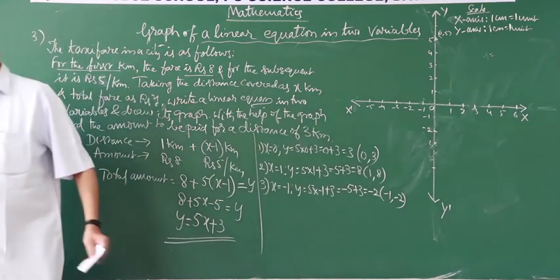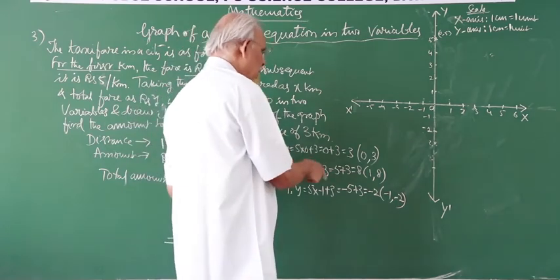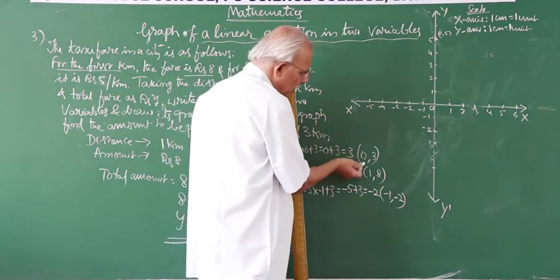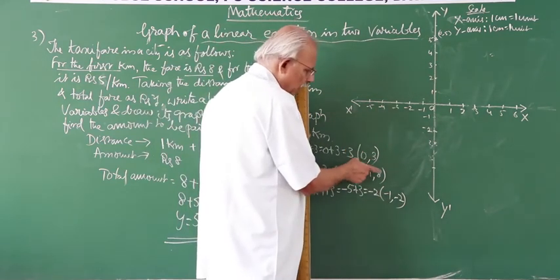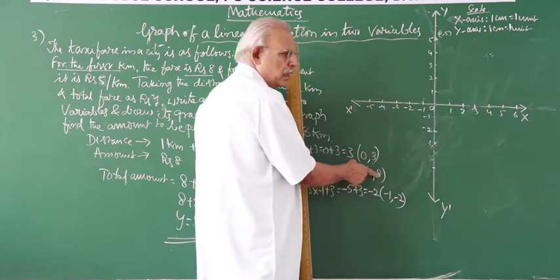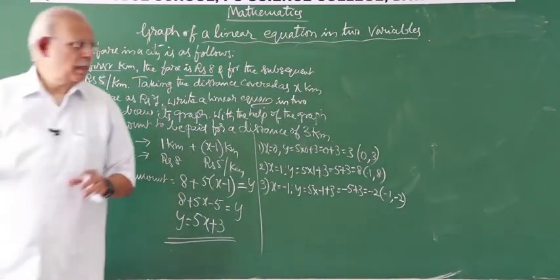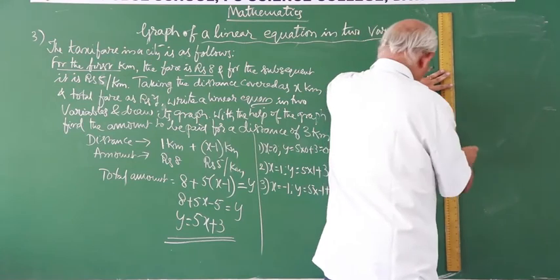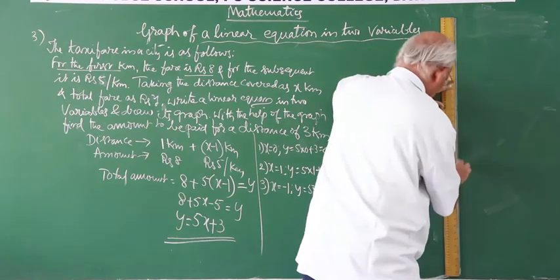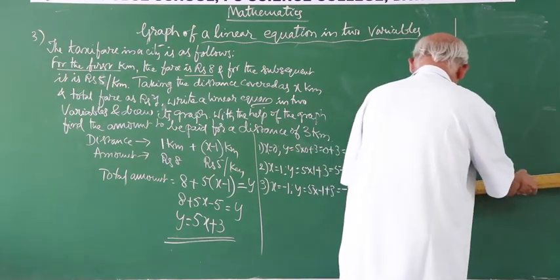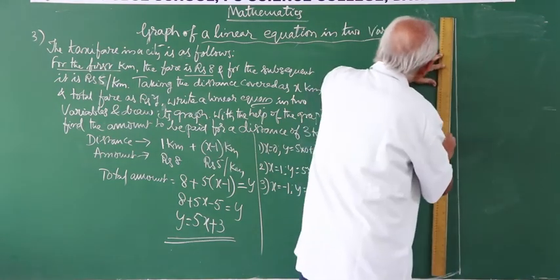Now, look here. You have to draw the graph. Along the x-axis, 0, 1, minus 1 can be located. Along the y-axis, 3, 8, minus 2. Highest is 8. Because the space is insufficient, look here, I am going to take other scales.